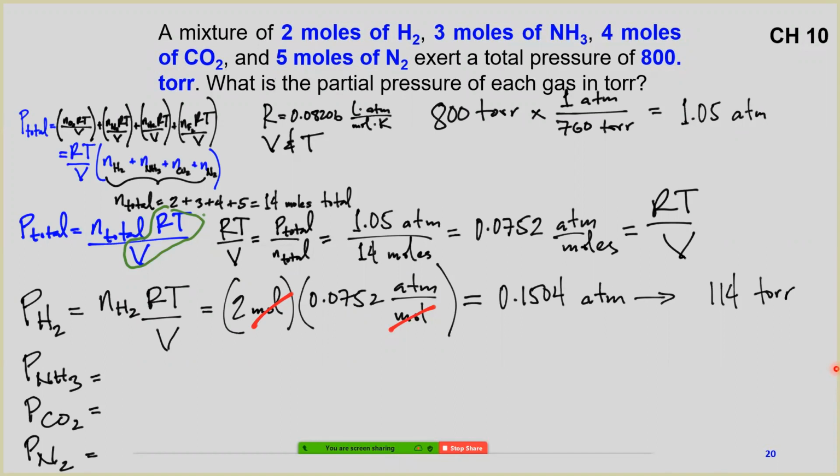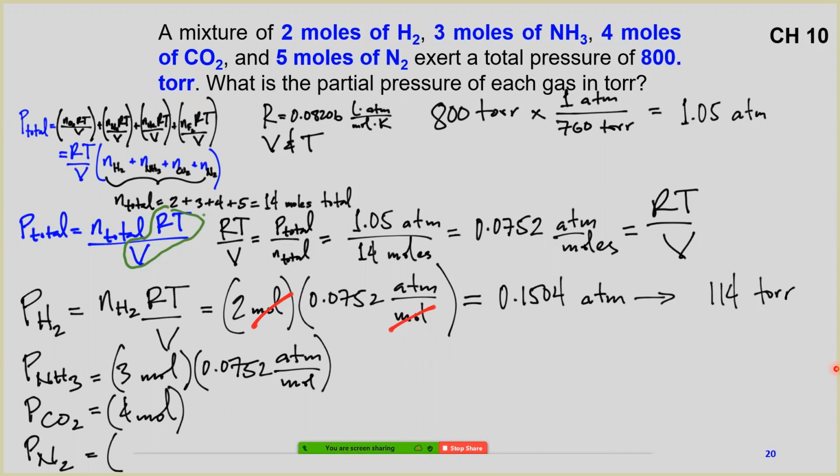So NH3 is 3 moles multiplied by RT over V, which is 0.0752. Number of moles of carbon dioxide is 4 moles. Number of moles of nitrogen gas is 5 moles.